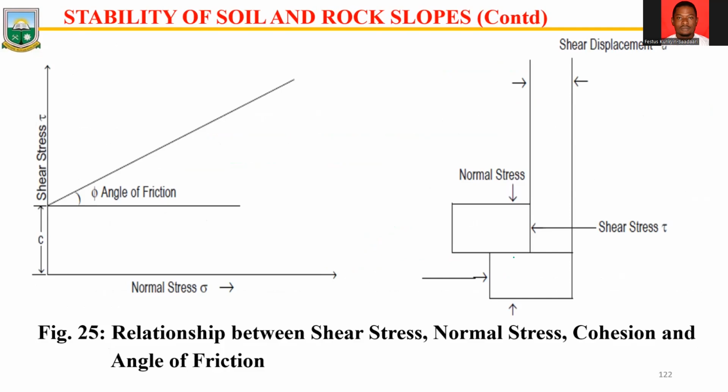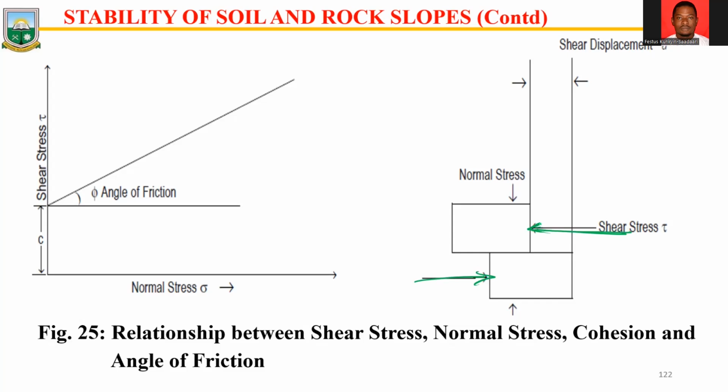So assuming I have this as a block, and then I'm applying some kind of external force on it. There should be an opposing force that will prevent this block from moving.